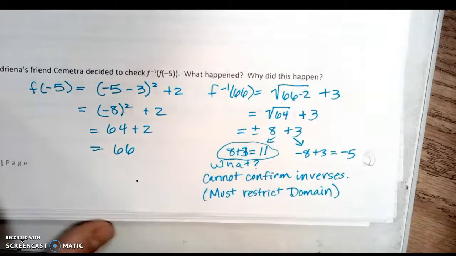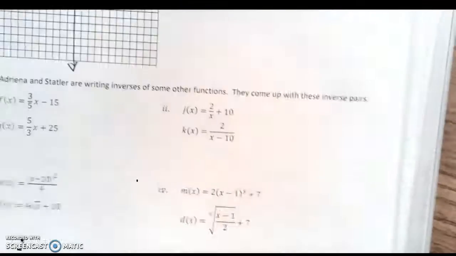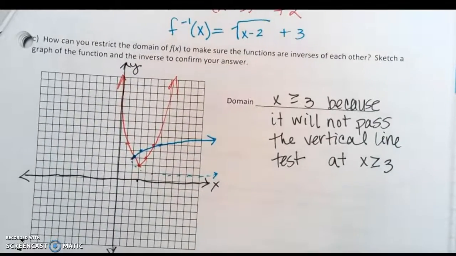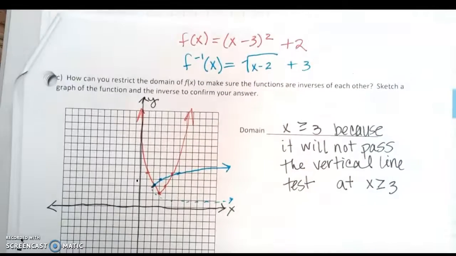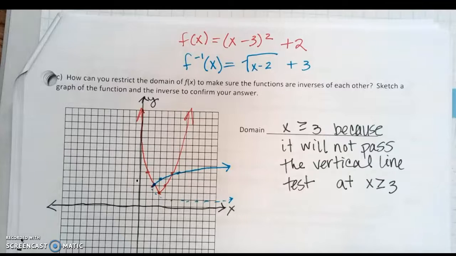Okay, so we're going to go over to page 14, and we're actually going to look at the graphs of these. I did it in 2 different colors because that makes it a little easier for you to tell. When you go into Desmos, you can type in these 2 equations: the function of x, which they gave us, (x minus 3) squared plus 2, and then the inverse function of x, which you should have gotten, the square root of x minus 2, and then add the 3.